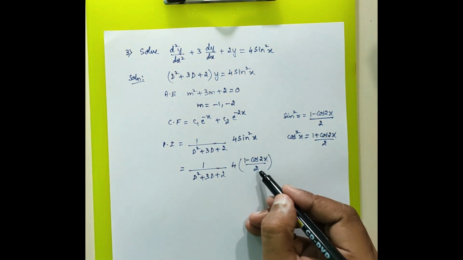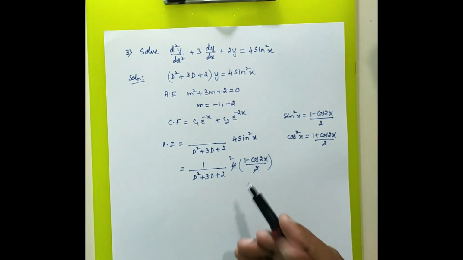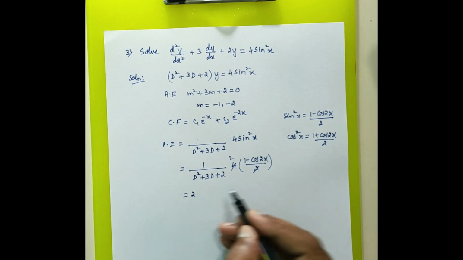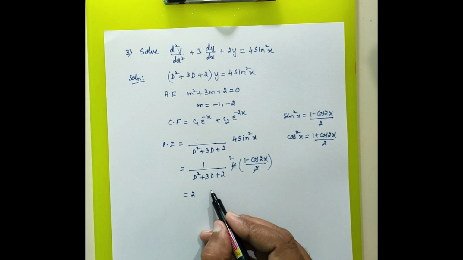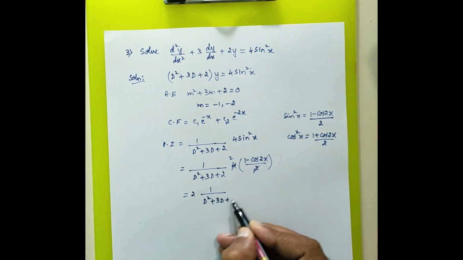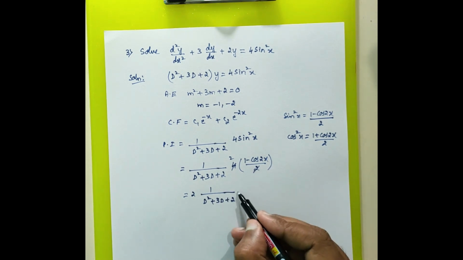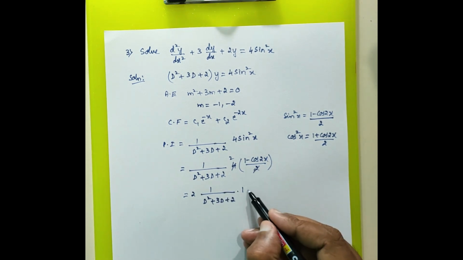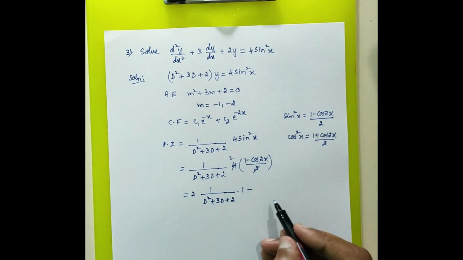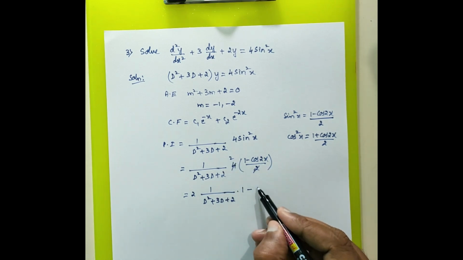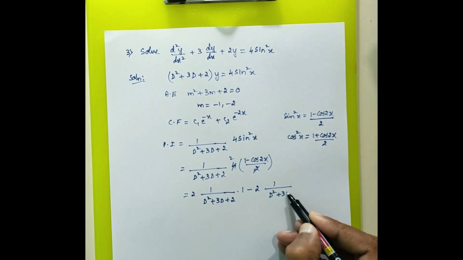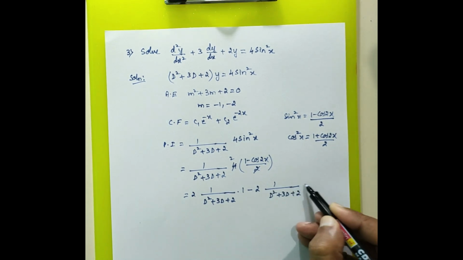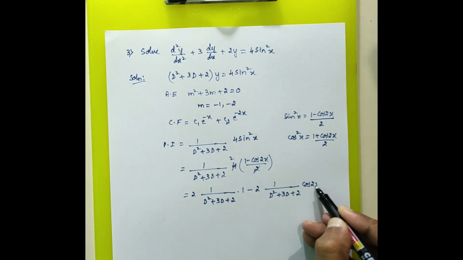If you cancel out, 2 one times, 2 two times, I can take this 2 outside. Apply the operator for the first term: 1 by d square plus 3d plus 2 times 1, and minus, again apply the operator for the second term with this constant 2: 2 times 1 by d square plus 3d plus 2 times cos of 2x.